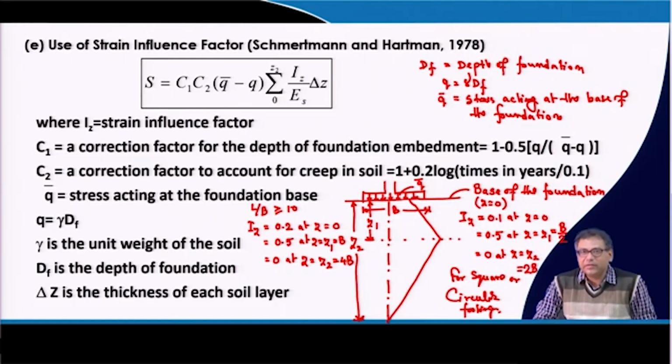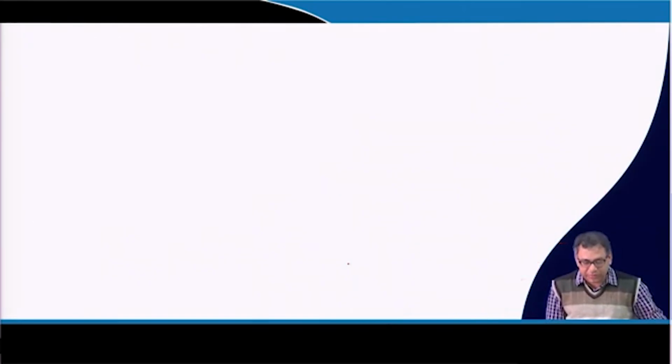It is not twice B, it is more than twice B, but in general terms we consider the influence zone for settlement as twice B. But in this particular problem you have to take twice B for circular and square footing, and 4 times B for strip footing.